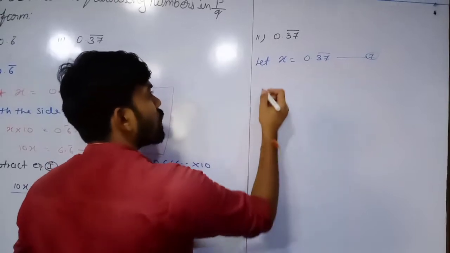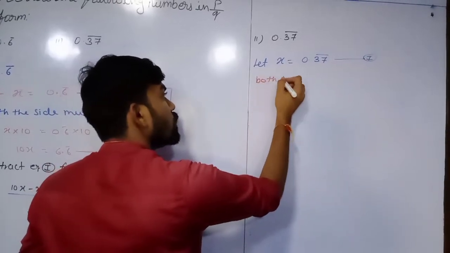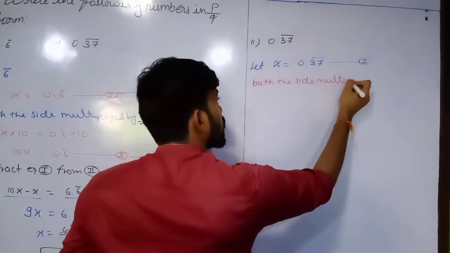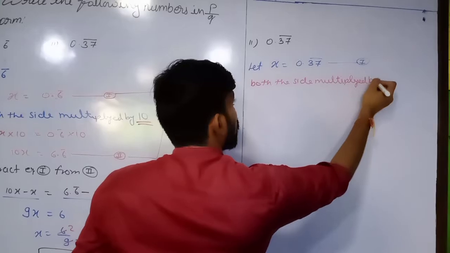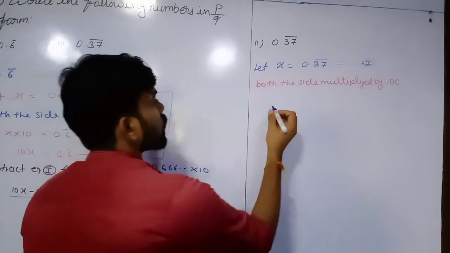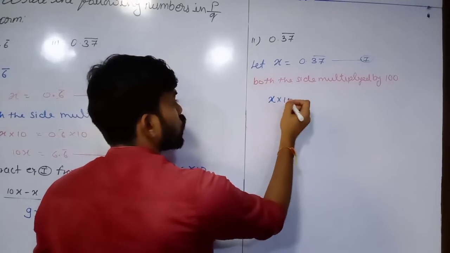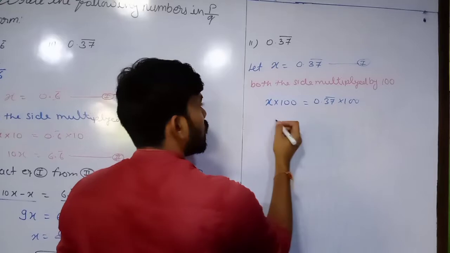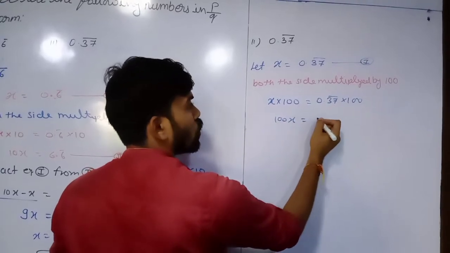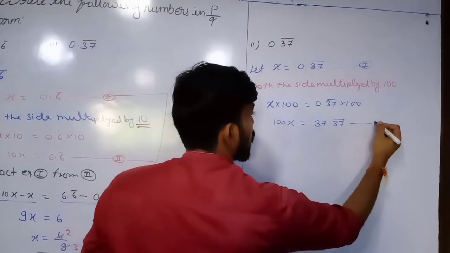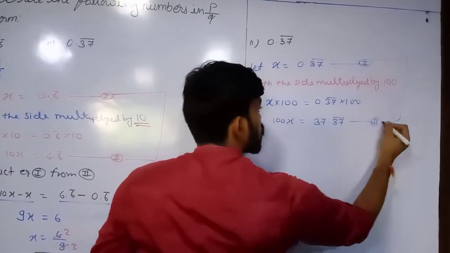As I said, both sides are multiplied by 100. So it will become x into 100 is equal to 0.37 bar into 100. 100x is equal to 37.37 bar. Second equation.